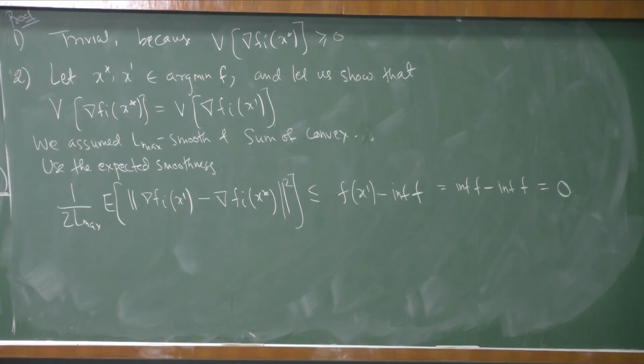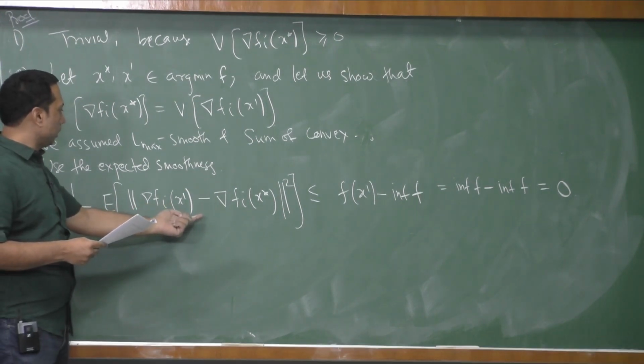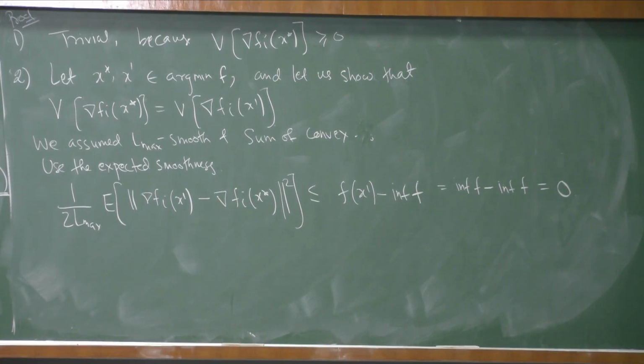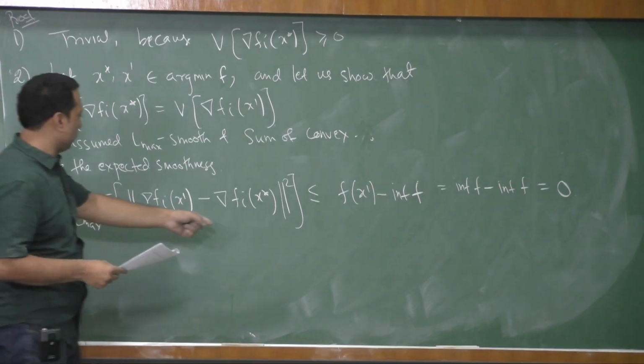So we use this expected smoothness, and this is less than or equal to 0, but again it is the same argument. These are positive quantities, so the expectation of a positive quantity cannot be less than or equal to 0, so it has to be equal to 0. But then each of the terms is positive, so each grad Fi x prime must be equal to grad Fi x star.